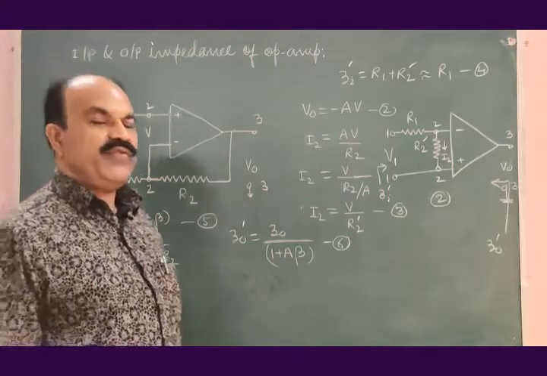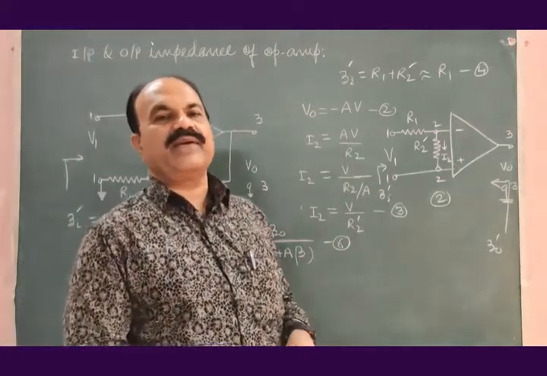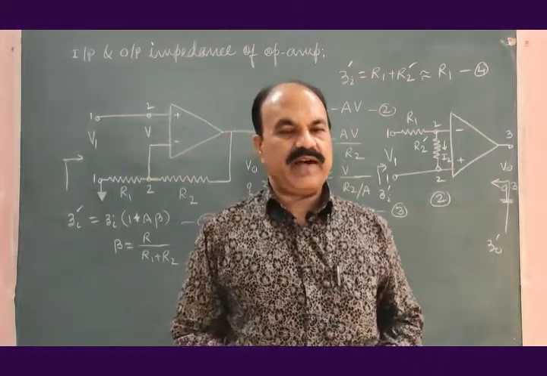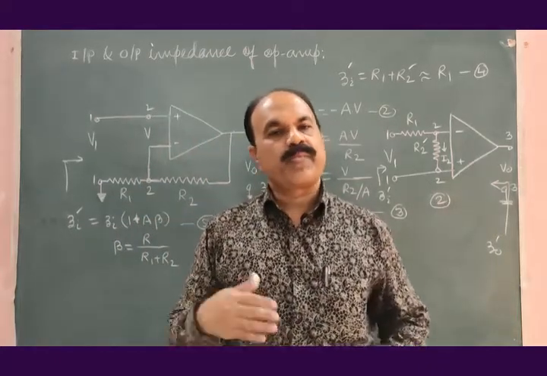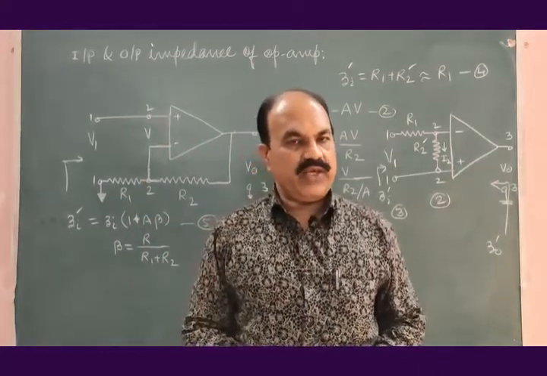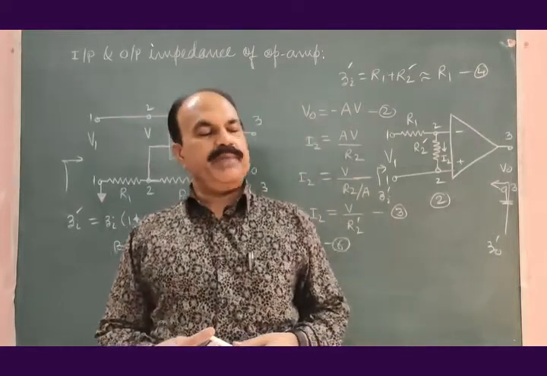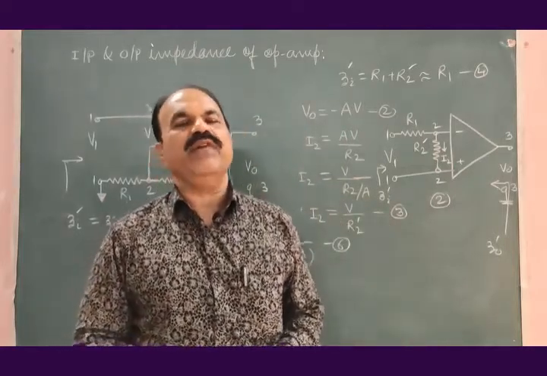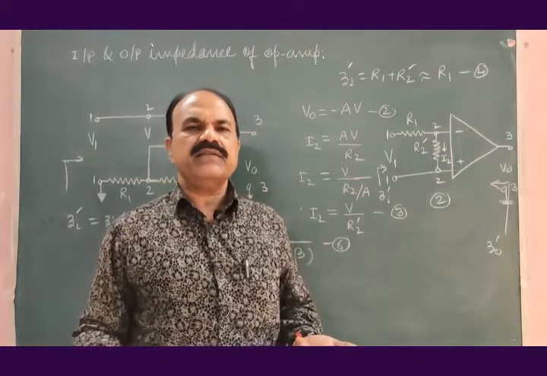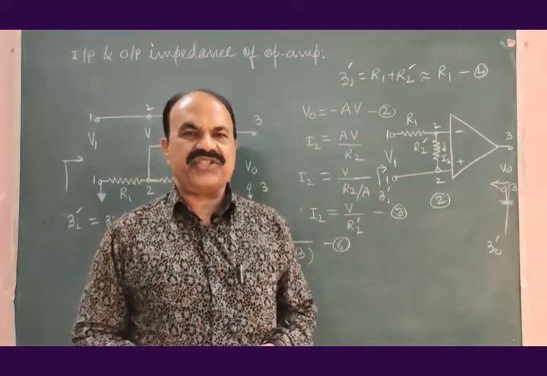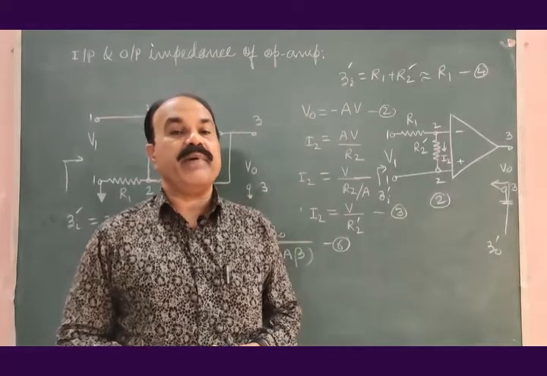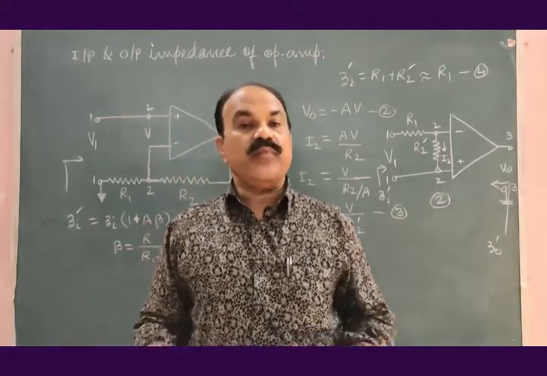It means that if we apply series voltage feedback to the operational amplifier, its input impedance increases to a very high value, and its output impedance decreases to a very low value. And these are the ideal characteristics. These are the characteristics needed by an operational amplifier.